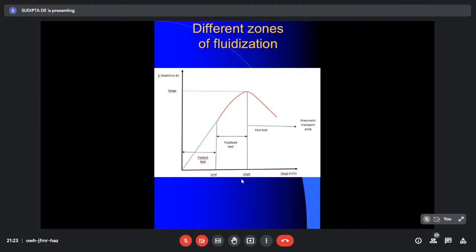Next sentence: heat transfer coefficient achieves a maximum value. You can write down H max, just to identify which point. A maximum value, within bracket H max, corresponding to an optimum superficial velocity, within bracket U suffix OPT, that means optimum.